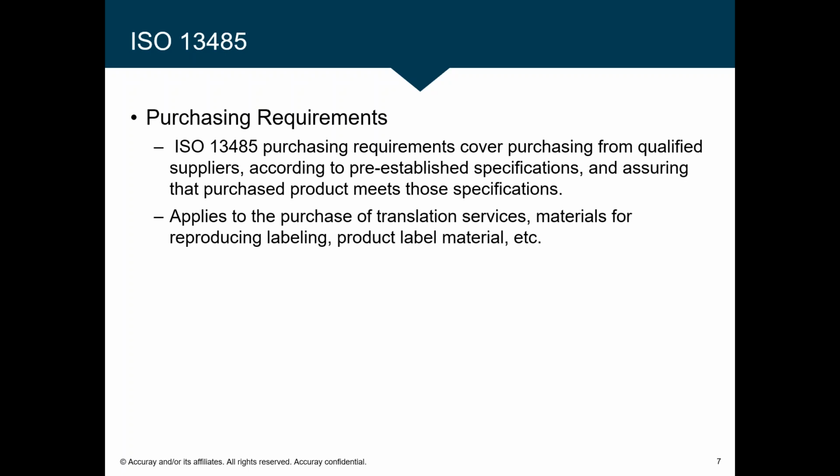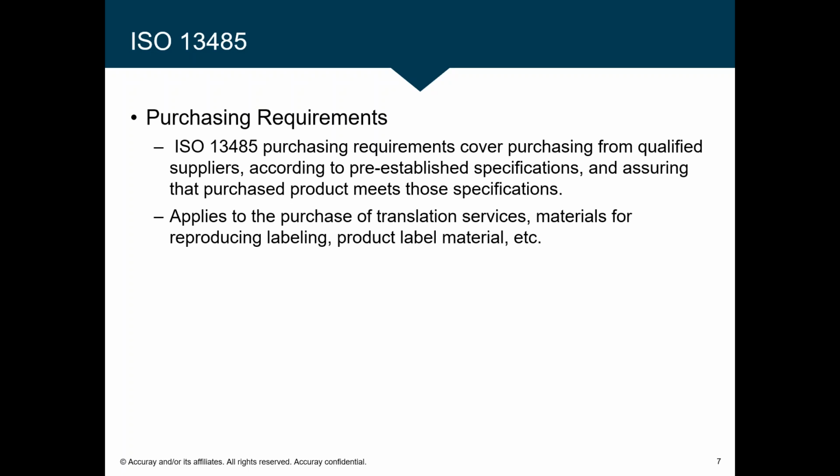Then another part of ISO 13485 that does apply to labeling, in a different way, is purchasing. This is interesting from a supplier perspective to know, as well as for those of us in labeling who know that our products actually need to be produced. 13485 has purchasing requirements that give you specific requirements for the types of suppliers that can provide you with services that are going to be part of a medical device.